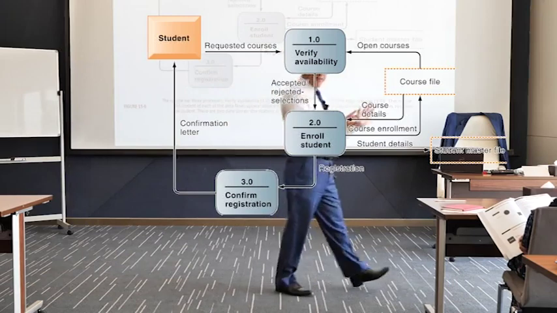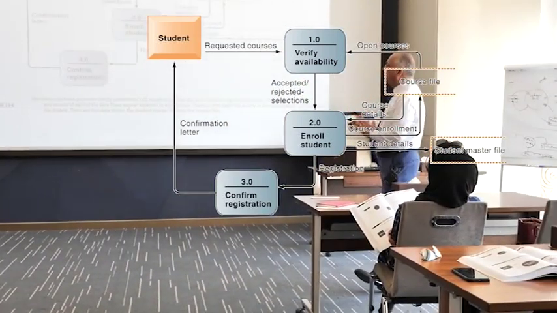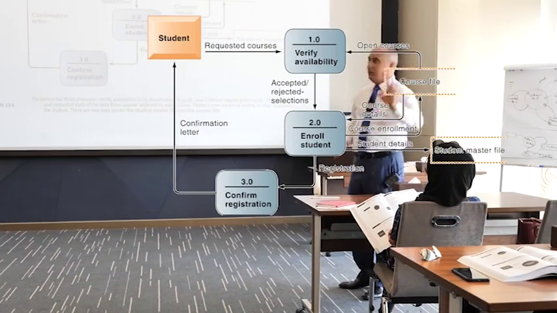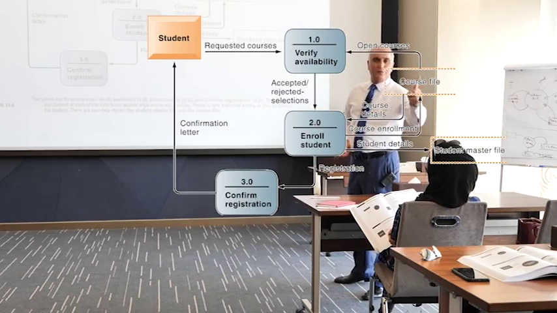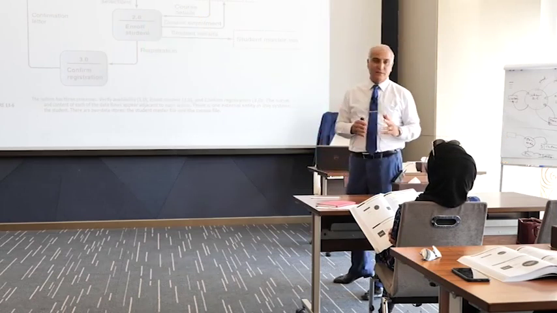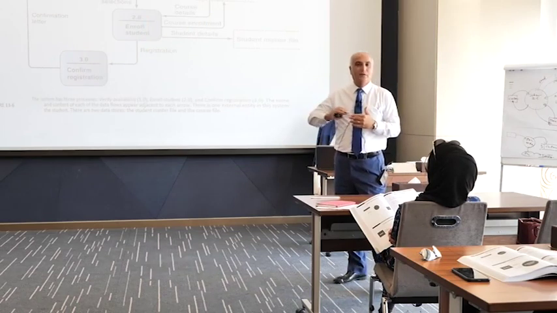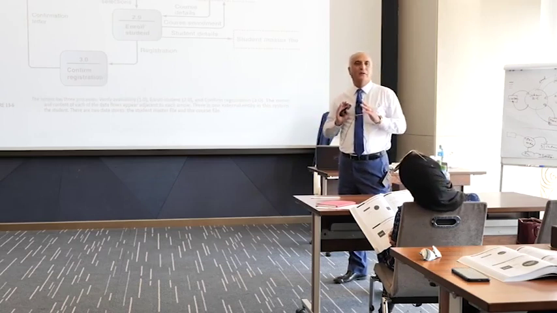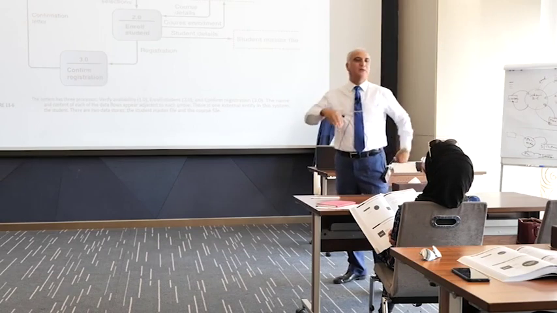You see that? This is showing two things. It's showing 1, 2, 3 processes. It's showing one external entity, which is a student. It's showing 2 files. It's showing the direction of the arrows or the flow of data, whether the data are coming into the file for storing or retrieving from the file.